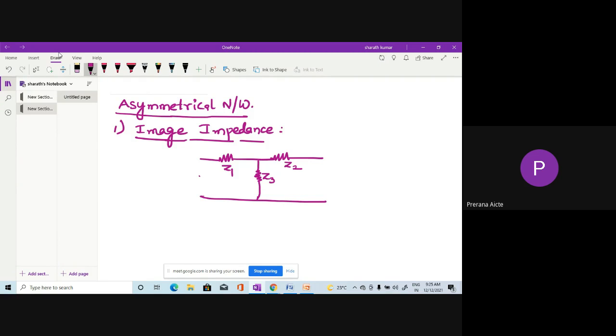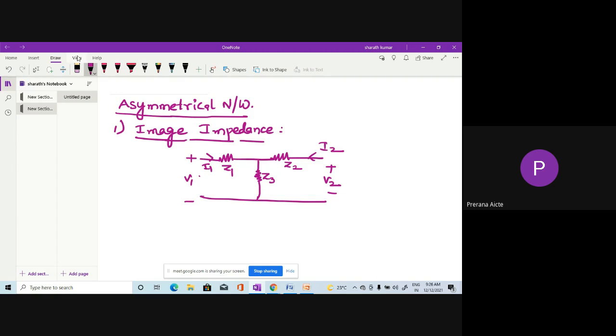So we have port 1 with Z1, port 2 with Z2, and between port 1 and port 2 we have Z. Plus and minus V1, and port 2 plus and minus V2, port 2 current I2, and port 1 current I1. This is a simple equivalent of a T network, which we are now considering for a symmetrical network.